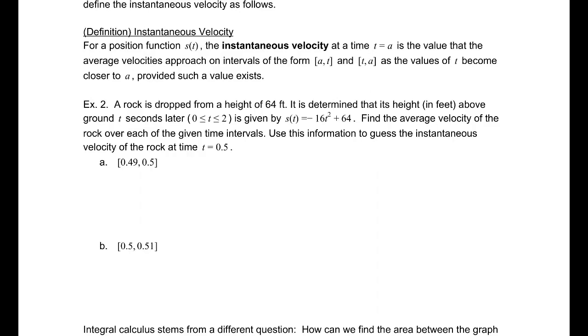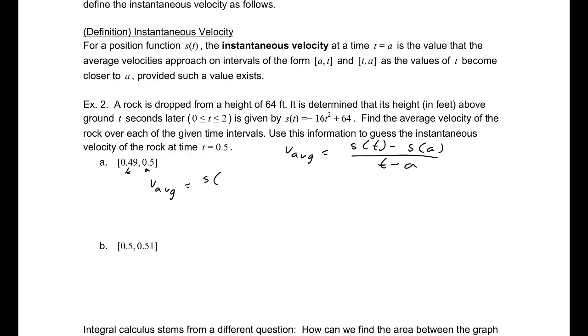All right, so for our average velocity, velocity average equals s of t minus s of a divided by t minus a. So our average velocity here is s of, in this case, our value is 0.5 for a.